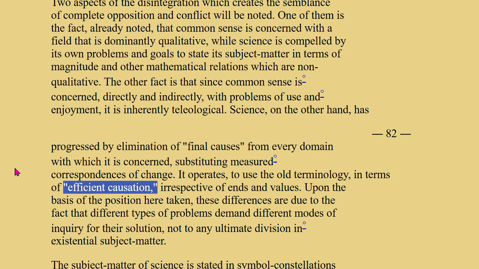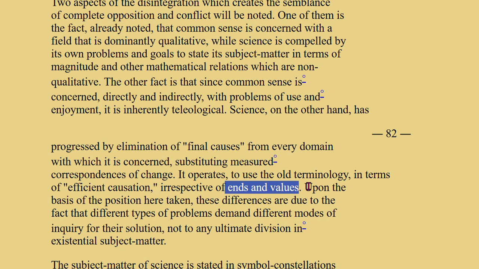This is the more familiar kind of billiard ball style causation, where one thing bumps into another thing and that causes the effect, right? So the force of one thing on another thing is a kind of efficient causation. This is easier to understand scientifically. So efficient causation irrespective of ends and values. Ends and values, of course, are more familiar in the common sense world and a little bit hard to deal with in science, or it's not been historically easy to figure out how to deal with ends and values in scientific logic.